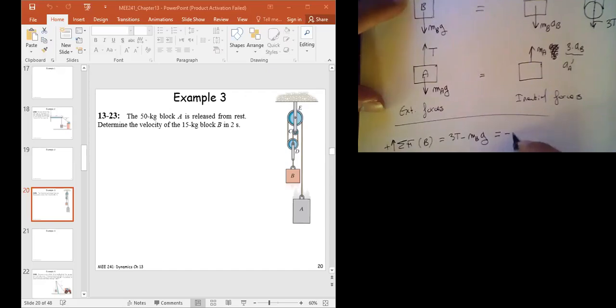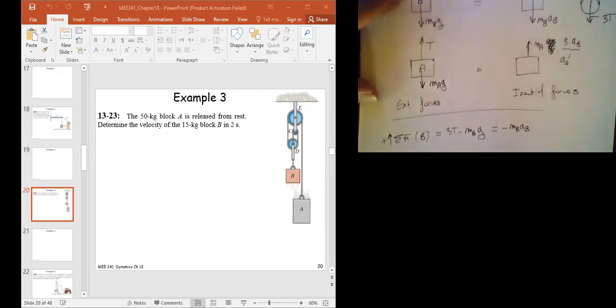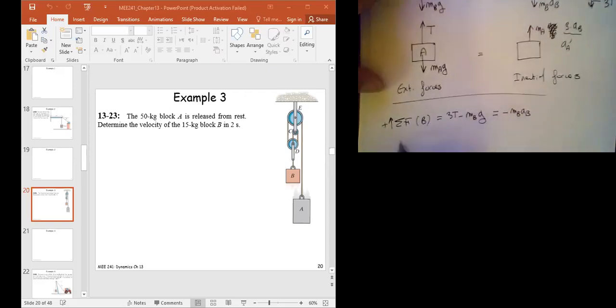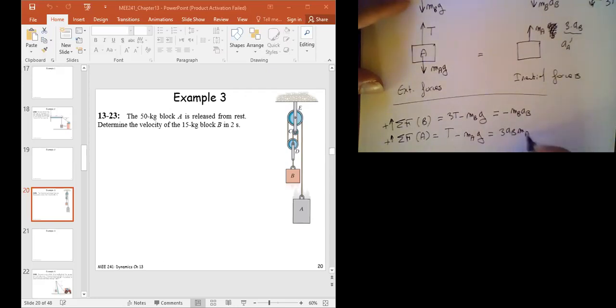Minus mbab. Okay, very good. Now we're done with the first part. What is the second thing we have to do? Sum of the forces for block A. T minus mag is equal to what? MA times AA, which is 3AB. Exactly, times MA. That's very important.